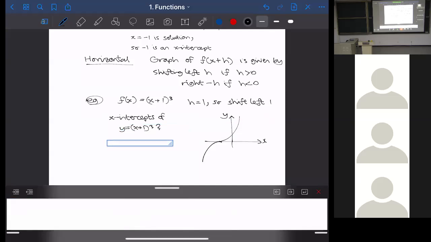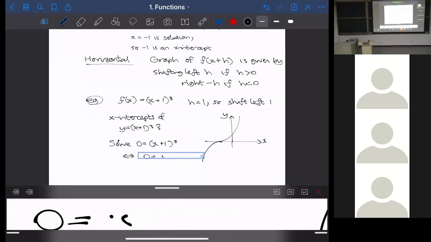We let y equals 0 and then solve. But this is easy.